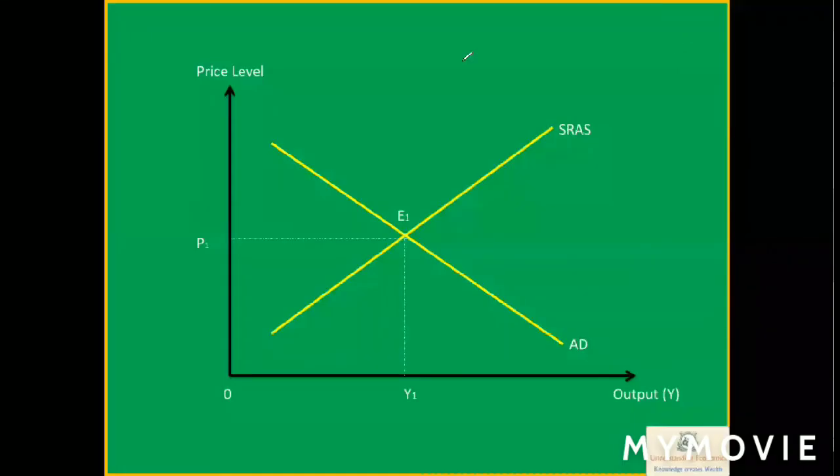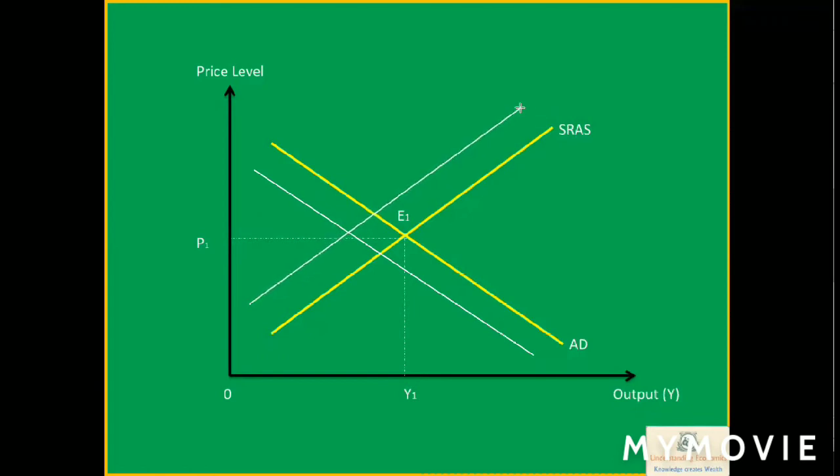So what we have seen is that there is a leftward shift of the AD curve. So we will shift the AD curve to the left, another straight line, and the AD curve has shifted to the left. And also we have seen that there is a decrease in the short-run aggregate supply, so the aggregate supply curve will also shift to the left.